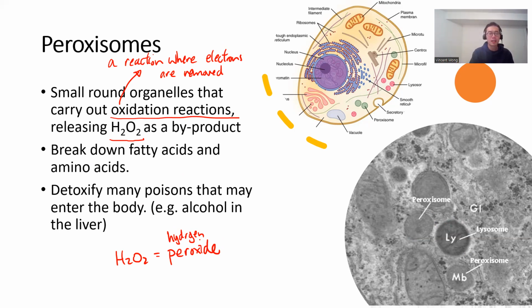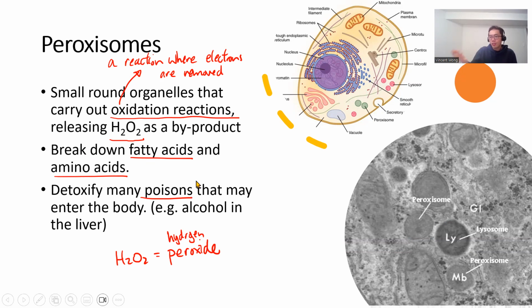But H2O2 is damaging to cells, so we want to make sure we keep it inside the peroxisomes. We don't want it to come out. You can break it down into water and neutralize it, but you want the reaction to happen inside these peroxisomes. And what it breaks down are things like fatty acids, amino acids, and even poison.